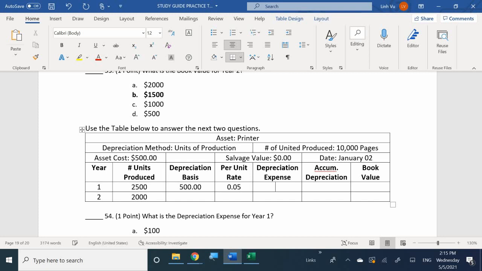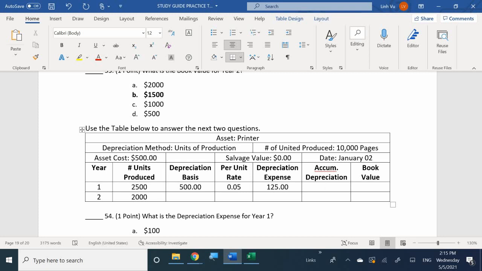Therefore, what should be my depreciation expense for year 1? 125. We take our 5 cents and multiply it by the units that we produce that year, which is 2,500, and we get a total of 125.